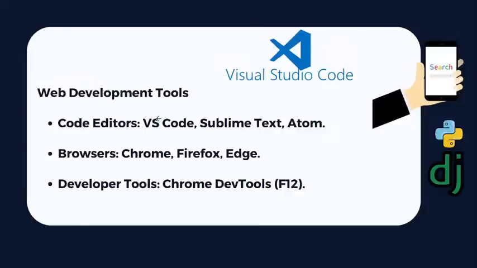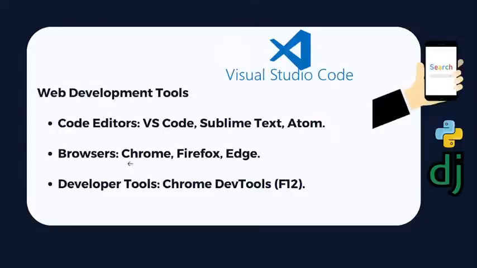And what code editors do we use for web development? We use VS Code, Sublime Text and Atom. Those three are the major code editors used to build our website.